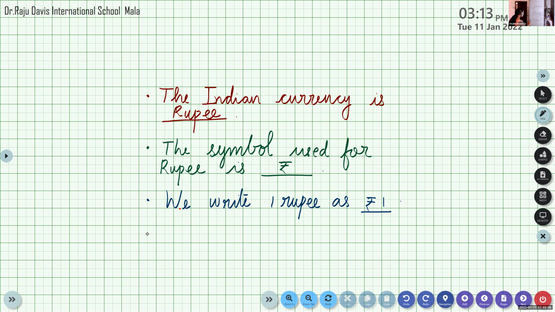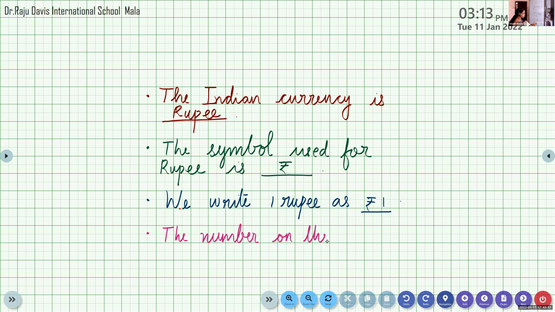Then the last point. The number on the coin or note is its value.